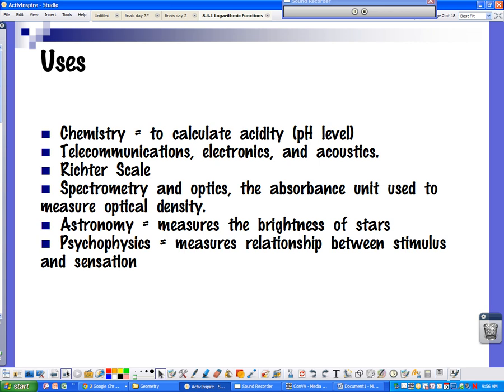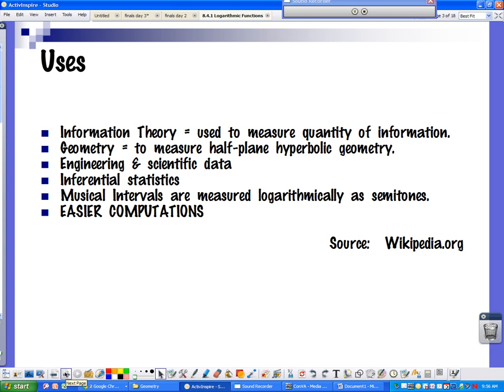Astronomy measures the brightness of stars. Psychophysics, which measures the relationship between stimulus and sensation. Other uses would be information theory, used to measure the quality of information. In geometry, you can measure it for half-plane hyperbolic geometry. Engineering, scientific data, inferential statistics, even musical intervals that are measured logarithmically in semitones.